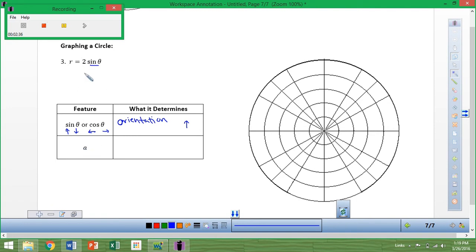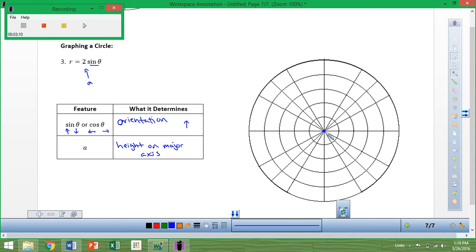So the a value, which is that number out front, where that 2 is at, is just going to give you the height on the major axis. And what I mean by that is whichever orientation you had. So all I'm going to do for this circle r equals 2 sine theta is put a point at 0.